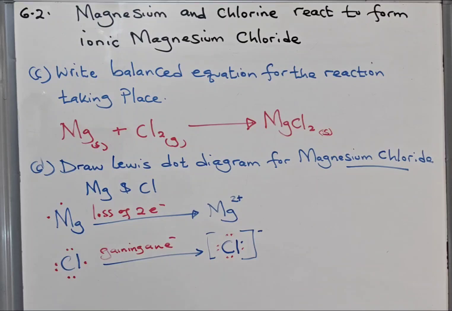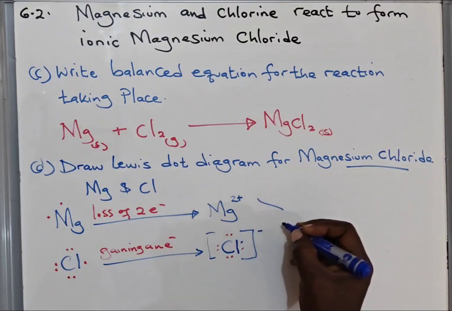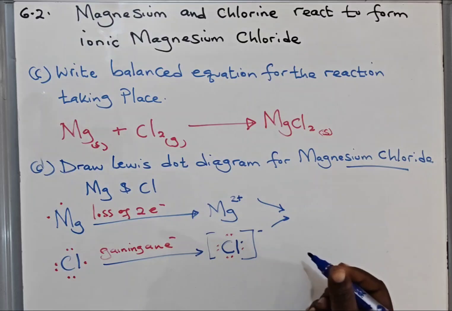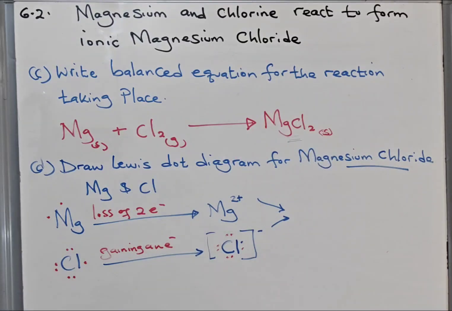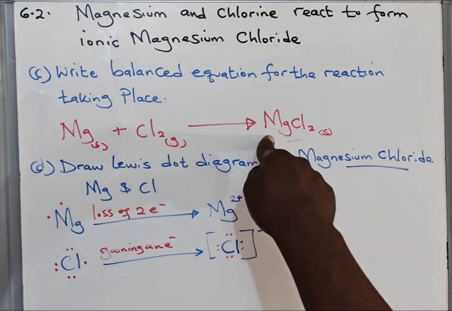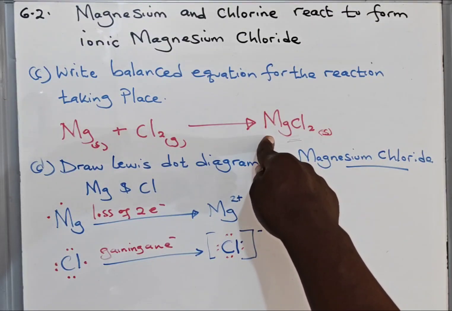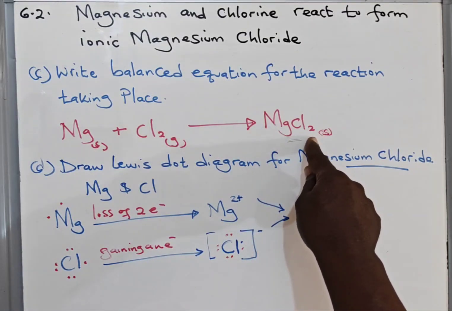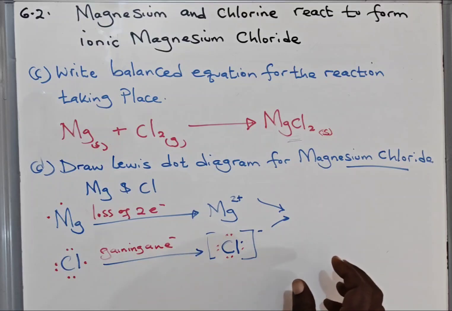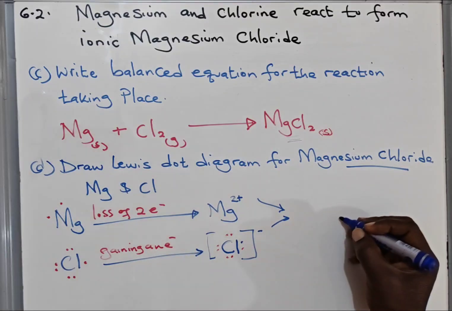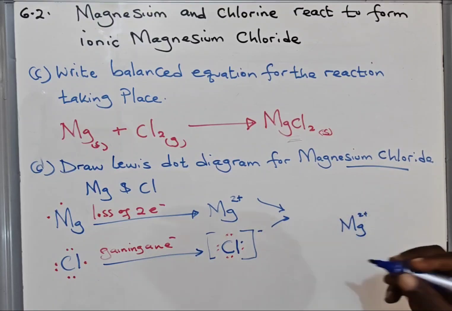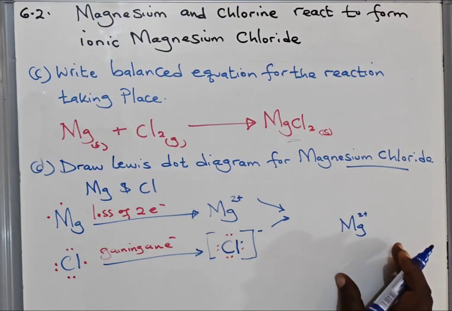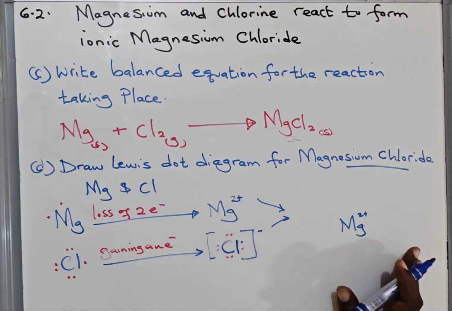So now we come to combining these two. If you look at our formula here, we see that we have 1 magnesium ion and 2 chloride ions. So that's what we're supposed to arrange. If we indicate our magnesium like this, we can put a bracket or not; for magnesium it is not a must.